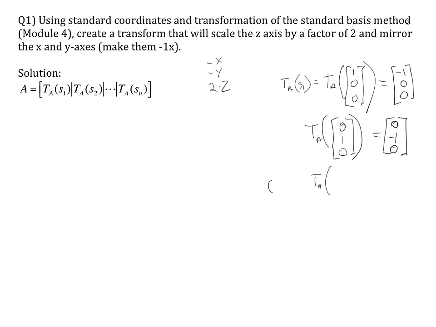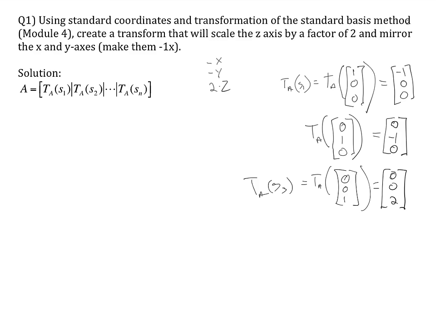Okay, and so that's the third column of our identity matrix, so 0, 0, 1. And if we apply this set of rules, we get -0 is 0, -0 is 0, and 2 times z would be 2 times 1 is 2.